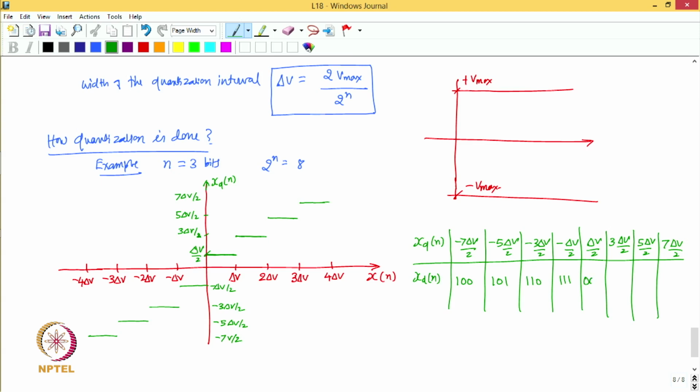Then we have 0 0 0, then 0 0 1, 0 1 0, and 0 1 1. This basically gives us the digital signal like this. So, from xq we obtain xd, and it is the signal xd that is processed by the DSP processor to find the DFT.